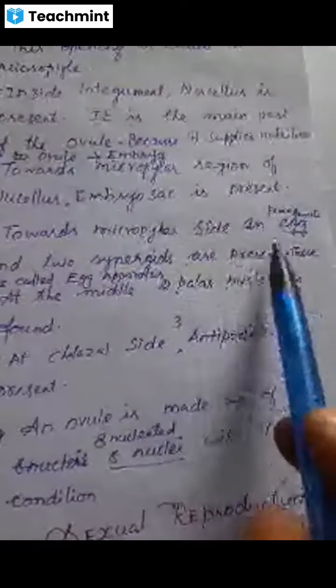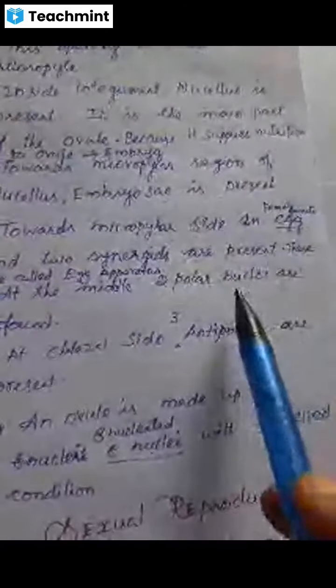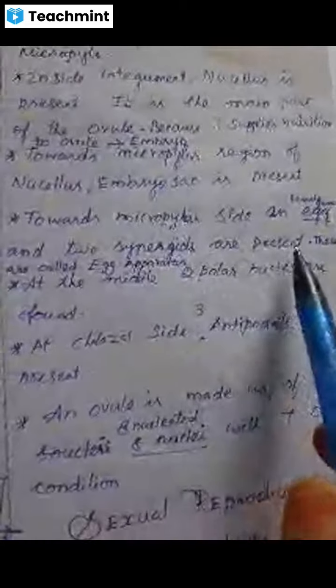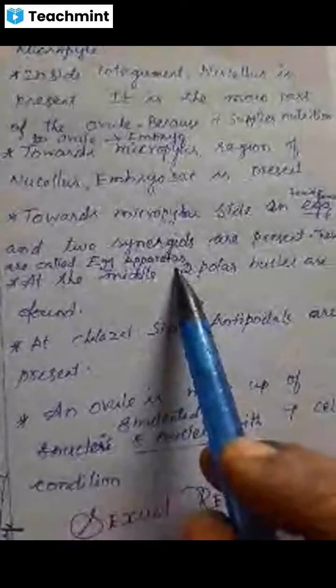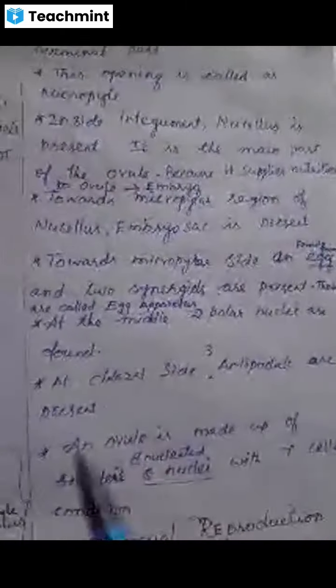The synergids with the egg are called the egg apparatus, as I already said.